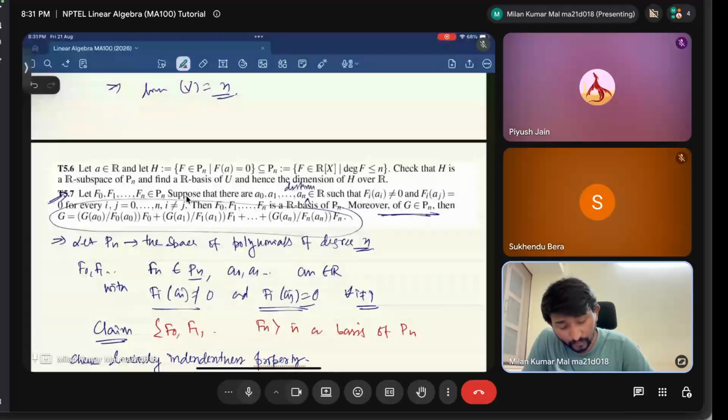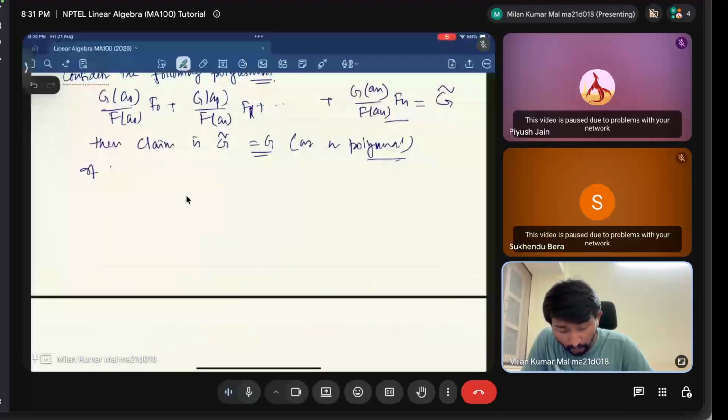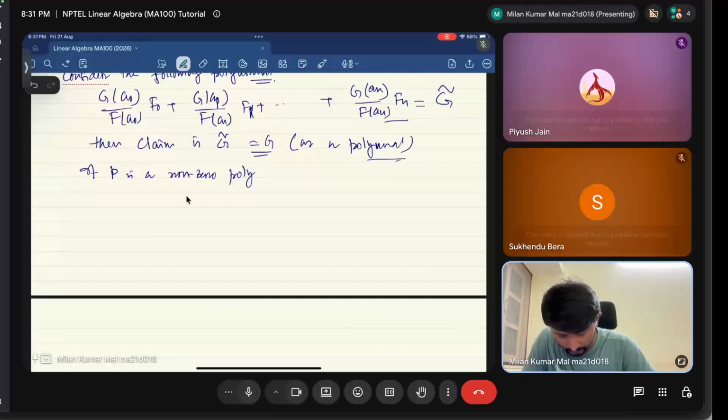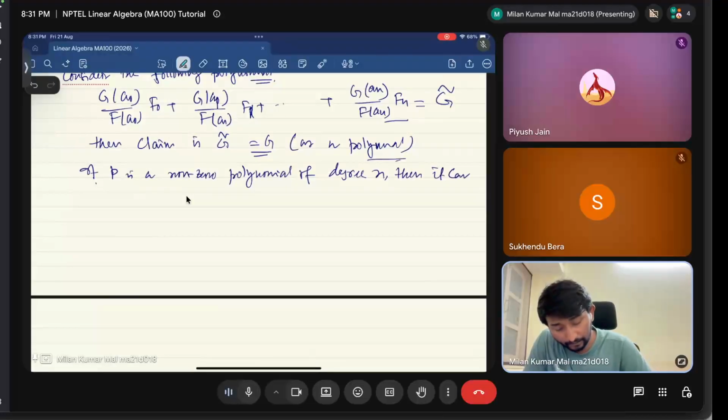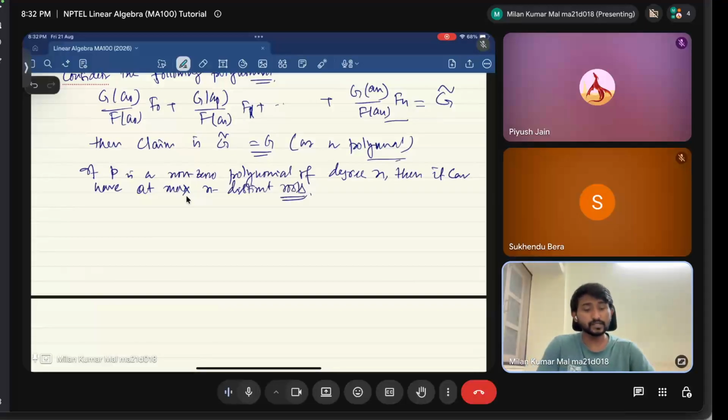If P is a non-zero polynomial of degree n, then it can have at most n distinct roots. This is called roots or zeros.